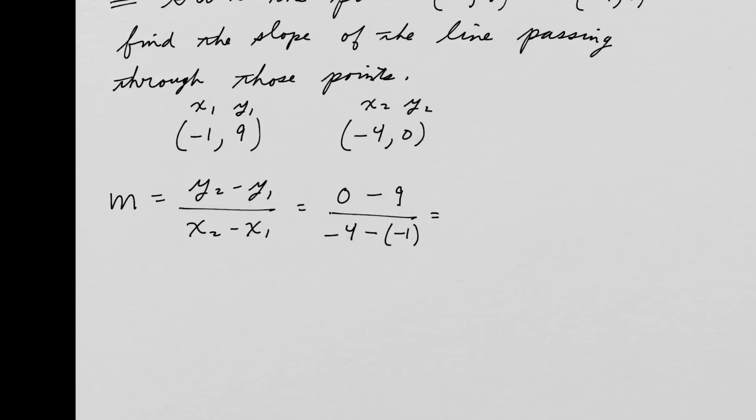So 0 minus 9 is the same thing as 0 plus a negative 9. This is just negative 9. And then negative 4 minus a negative 1 is equivalent to negative 4 plus a positive 1, so this is going to be negative 3. And we can simplify this, right? Negative 9 divided by negative 3 is a positive 3. So in this case, the slope is simply a positive 3.